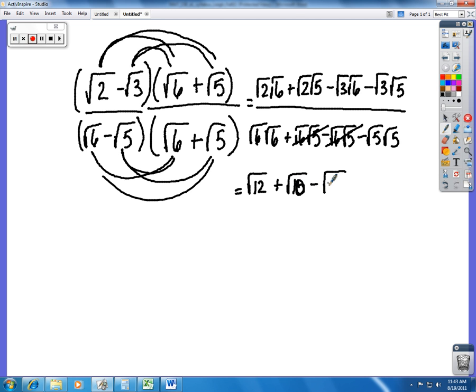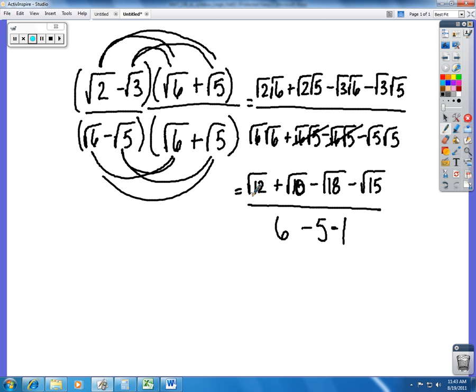Minus the square root of 3 times 6, which is 18, minus the square root of 3 times 5, which is 15. And that's going to be all over 6, the square root of 6 times the square root of 6, which is just 6, and minus the square root of 5 times the square root of 5, which is 5. So as you can see, our denominator here is equal to 1.